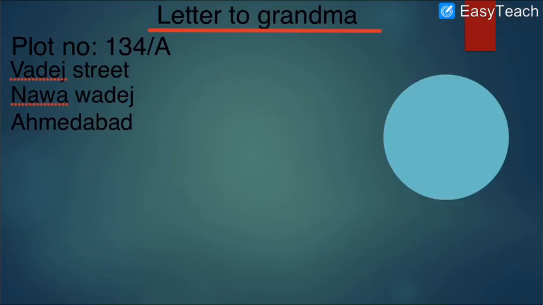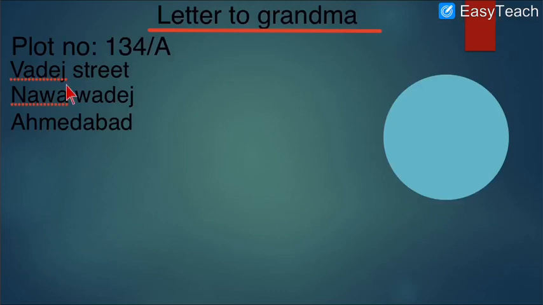Can you see how cleanly, how clearly I have written the address as per the sequence: plot number, street name or society's name, then area, and then city. Pin code in your standard is not necessary.